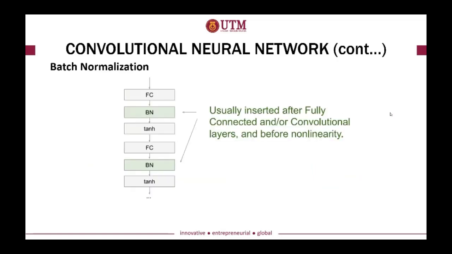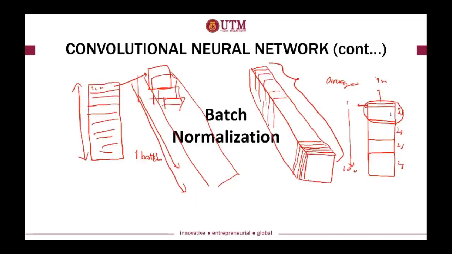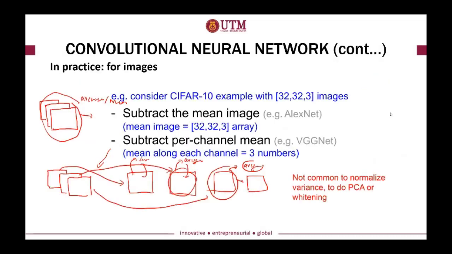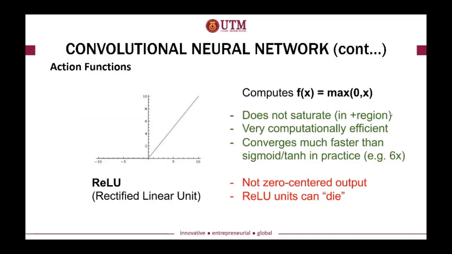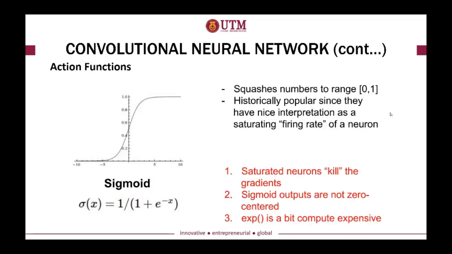Okay, the question is why we don't discuss normalization during the ANN, and why it is very crucial to talk about normalization, especially batch normalization, in CNN. That is because it's related to the activation function.